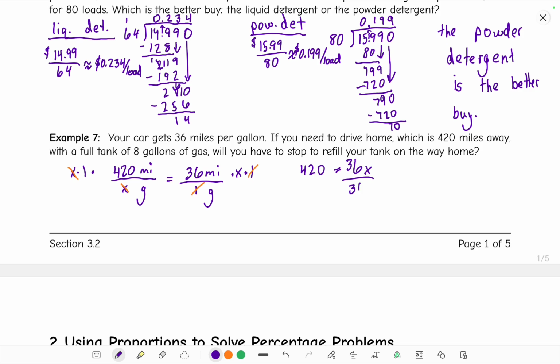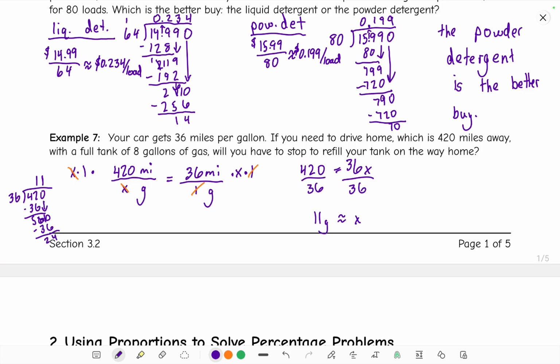So I divide by 36 on both sides. 420 divided by 36. So x comes out to be approximately 11 gallons. So we need 11 gallons.